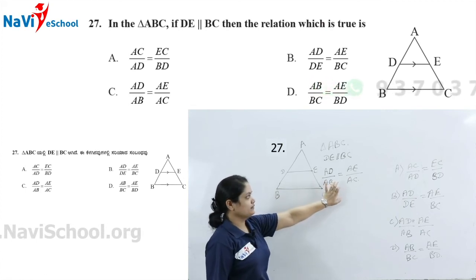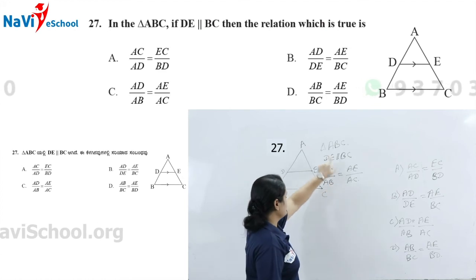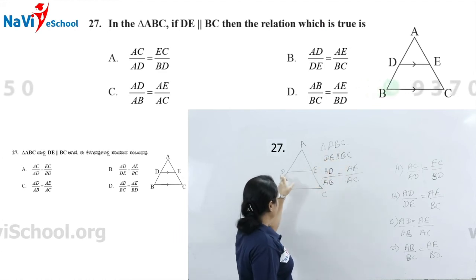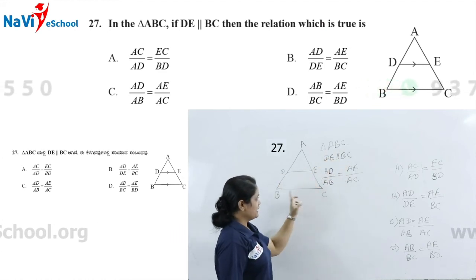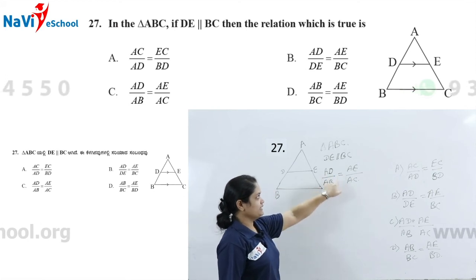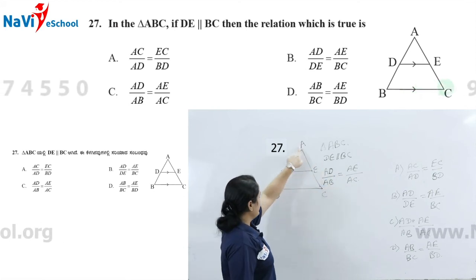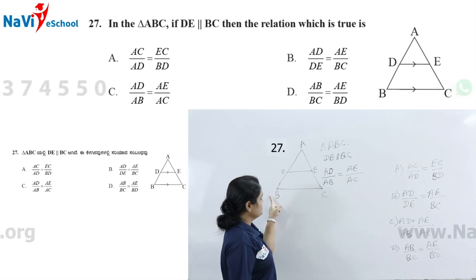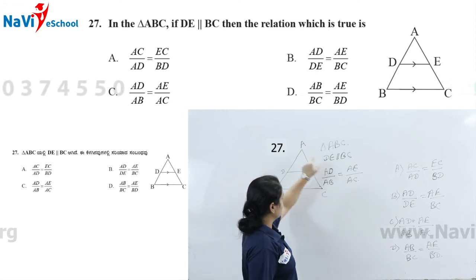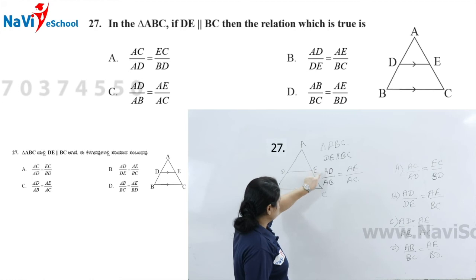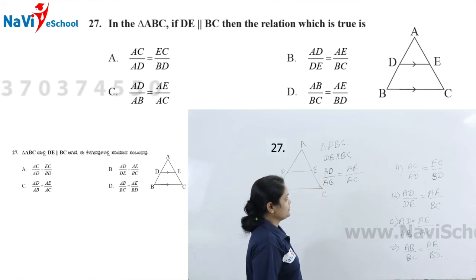Why did we write this one? Because in a triangle, if DE is parallel to BC, then we can easily say that AD divided by AB is equal to AE divided by AC.